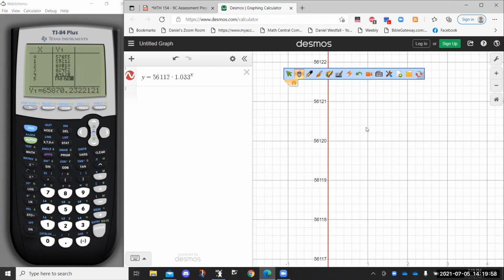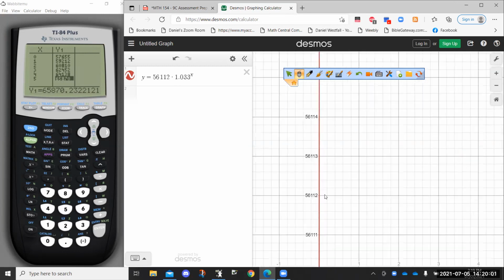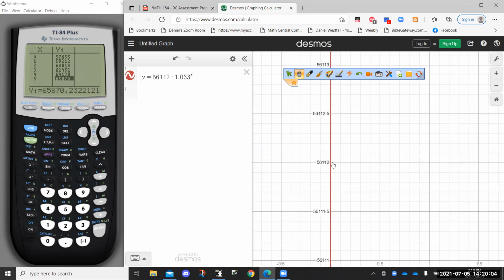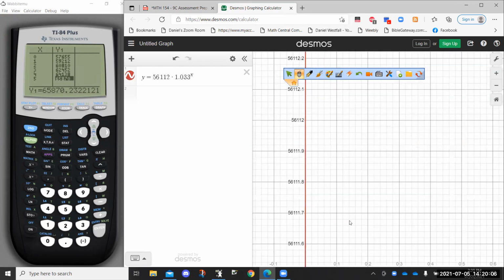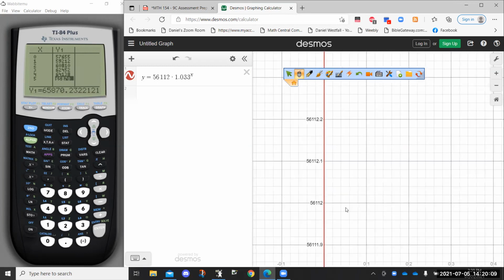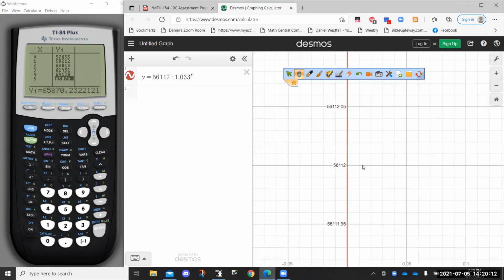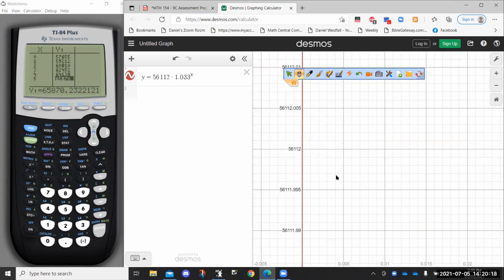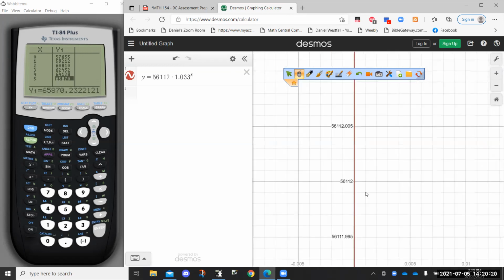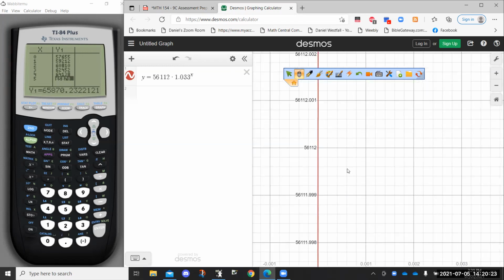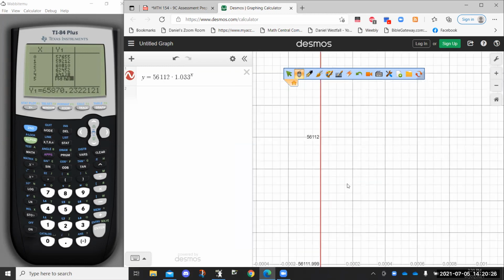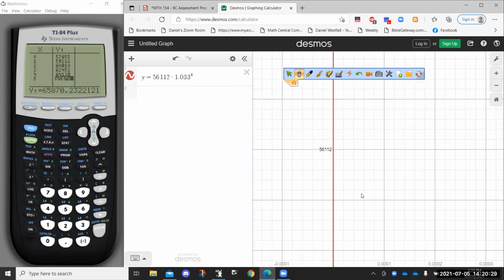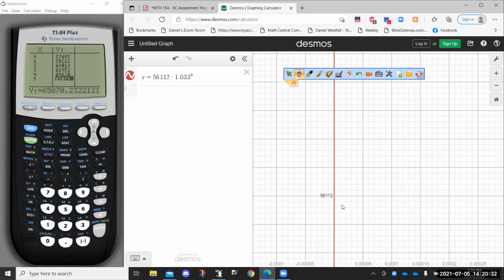This is why I said I didn't want to do any of this on the calculator, because I can't just scroll my mouse like this. There's that point that I want, right? That's my important point. So let's zoom in. Let's get close to that point. As close as I can get. See if I can start to see some shape of the curve other than it looking like it just goes straight up. Are you going to see anything? Nope, I'm not. I'm not going to see any detail in the curve because it's rising so fast there.